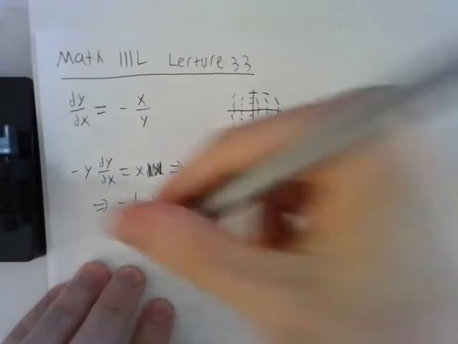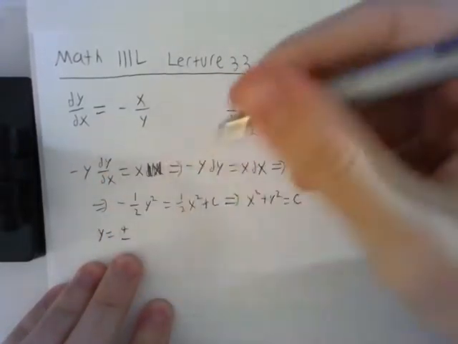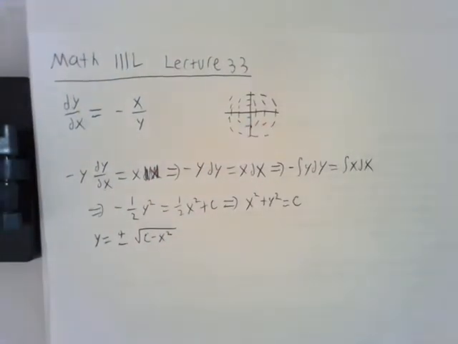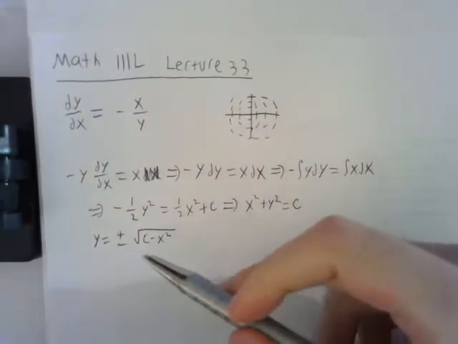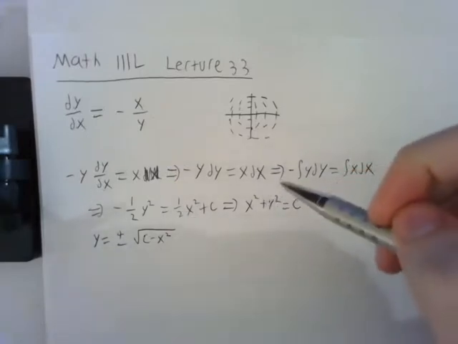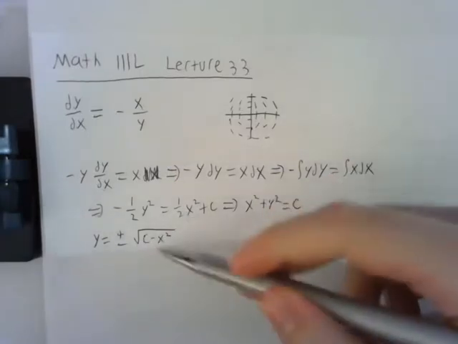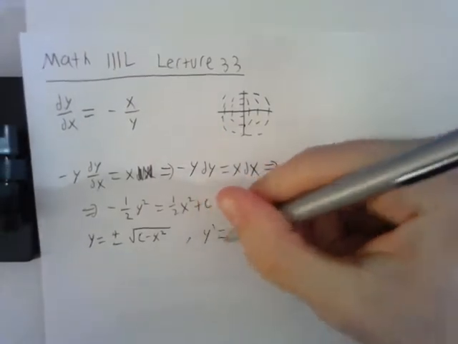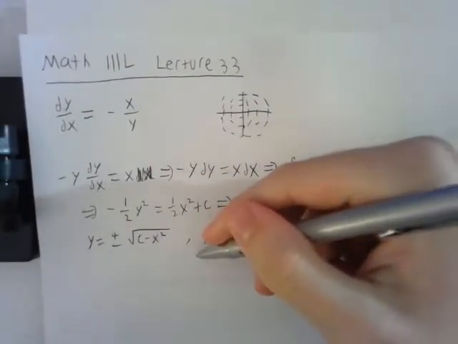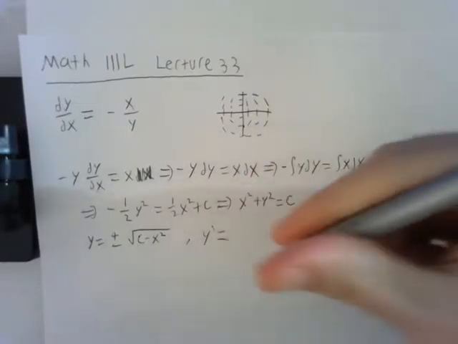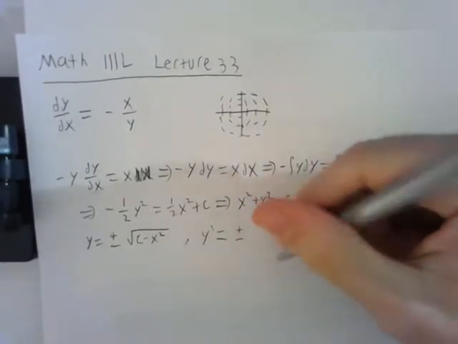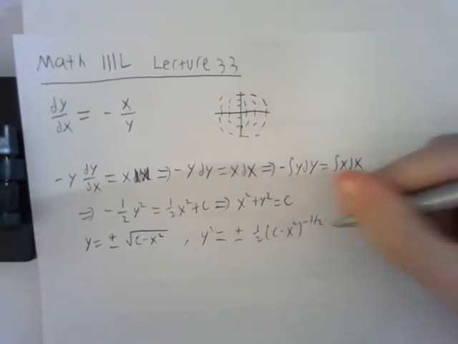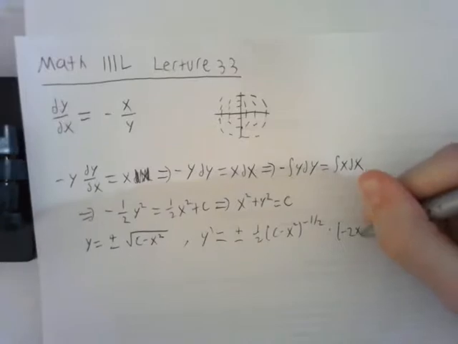Furthermore, we can solve this equation for y and get y equals plus or minus the square root of c minus x squared. And even though we arrived at this solution through some questionable mathematics, we can check to see: is this a solution to our differential equation or not? It turns out if we calculate the derivative of this function by the chain rule, we're going to get plus or minus 1/2 times (c minus x squared) to the negative 1/2 times negative 2x.